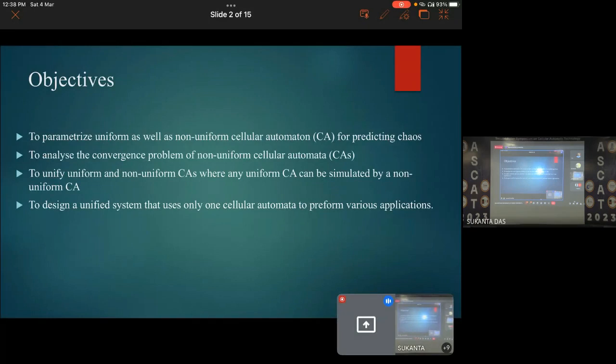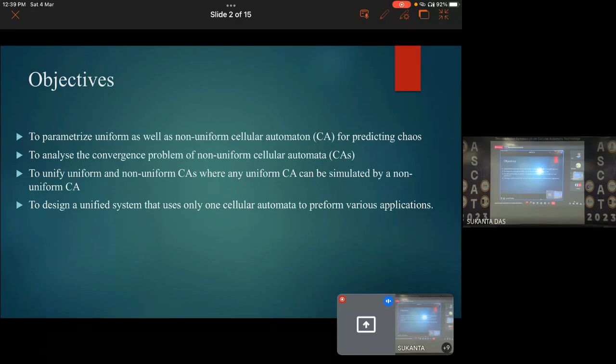That is why we can either observe the system's behavior, or we can have some mathematical calculation that will parameterize it to predict whether the behavior of the cellular automata will be simple, periodic, chaotic or complex. So, our first problem is to deal with the parameterization problem of cellular automata that will predict chaos.